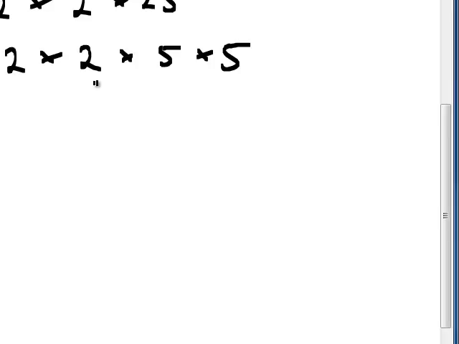All these are prime numbers, so we can write it in index form. 2 index 2 because we have 2 2's, times 5 index 2 because we have 2 5's.